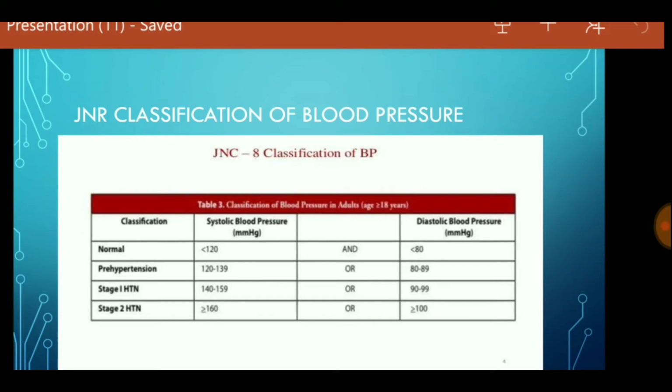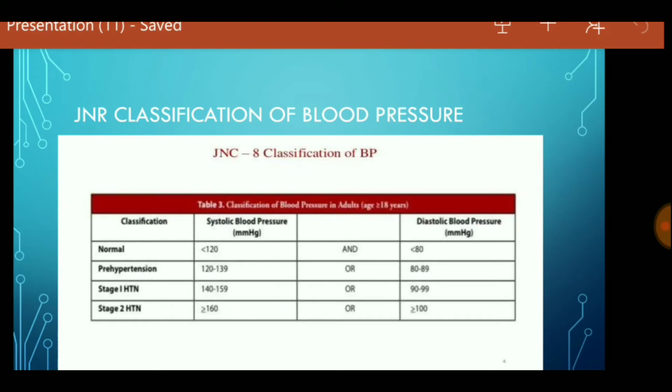In stage 1 hypertension, systolic is 140 to 159 and diastolic is 90 to 99. If it is stage 2 hypertension, it is greater than 160 by 100.